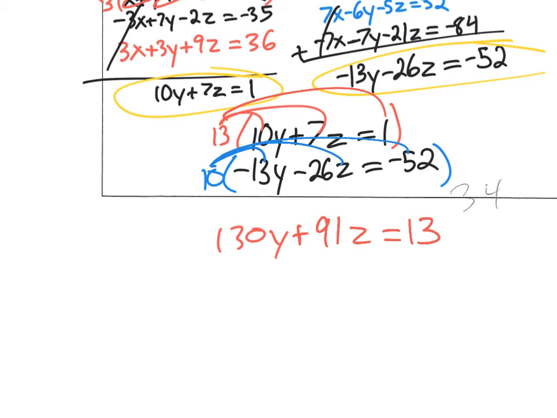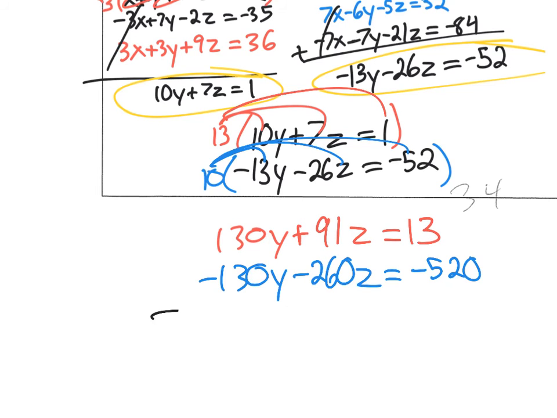And then this equation, I would get negative 130y, negative 260z equals negative 52 times 10. Add them together, get rid of the y's.